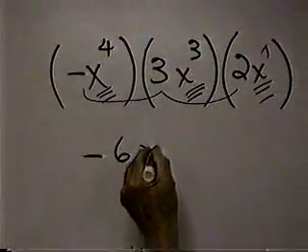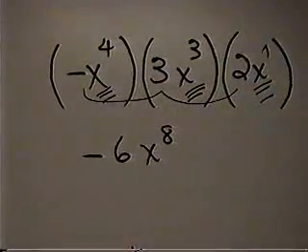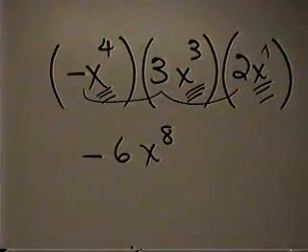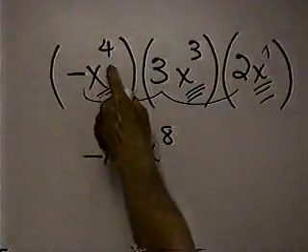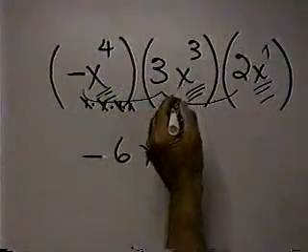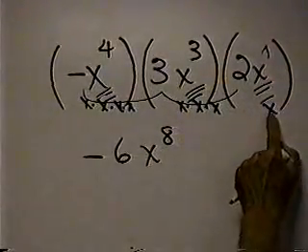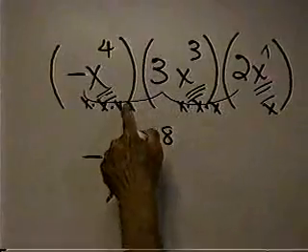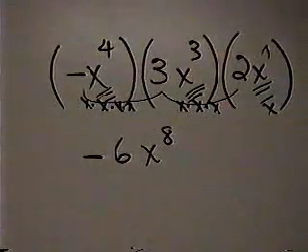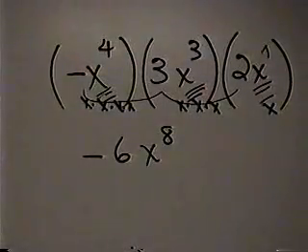So you have x to the 8th power. Remember now, x to the 4th means you have x 4 times. Here you have it 3 times. Here you have it 1. So what you have is x times x times x, and it's just add the powers.